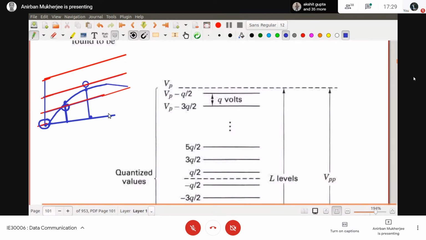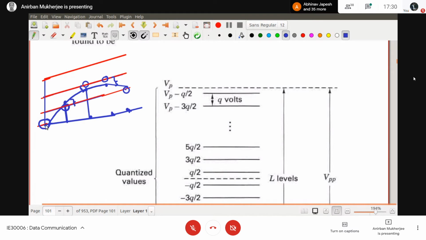Again I am sampling at this point, and I will take this value. Then again I sample here and take this. So you see that at each point where I am sampling, this is my error.